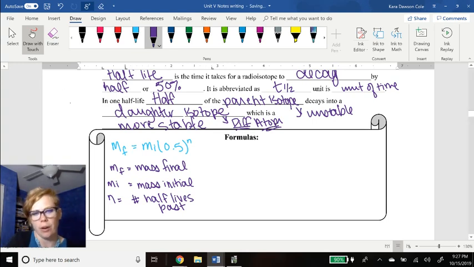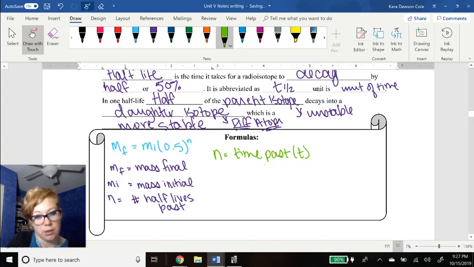We calculate the number of half-lives passed by taking n equal to the time passed, abbreviated as t, over the half-life, which is T 1/2.